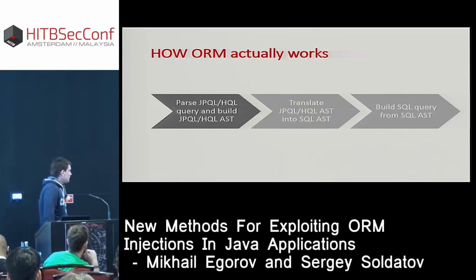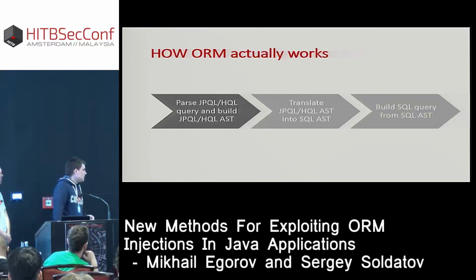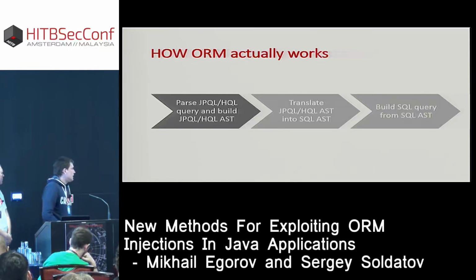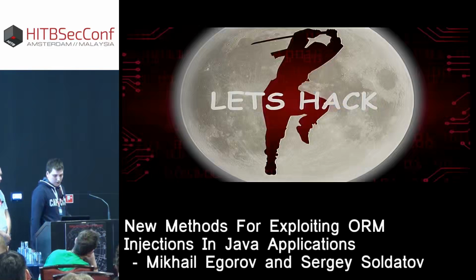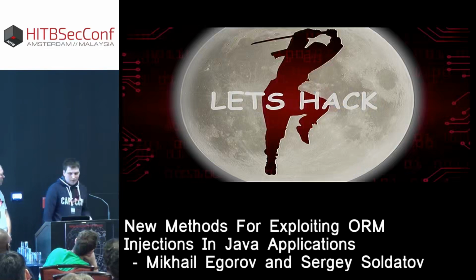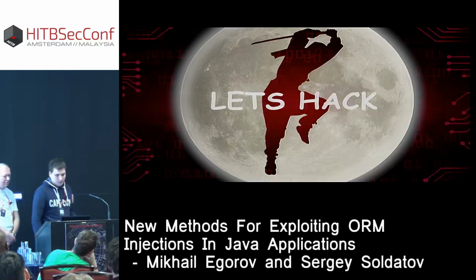Then on the next step, it translates the JPQL AST into a SQL AST. And finally, it builds the SQL query from the SQL AST. Now I want to give the turn to my colleague, Sergey. He will start to talk about exploitation techniques.